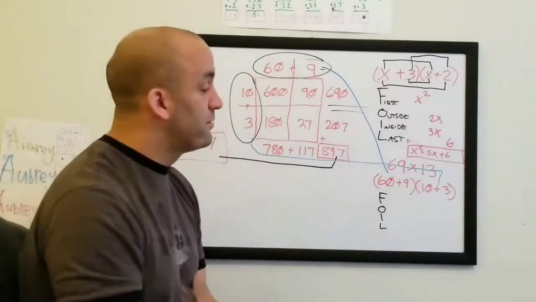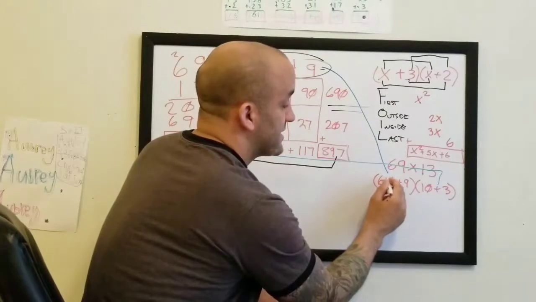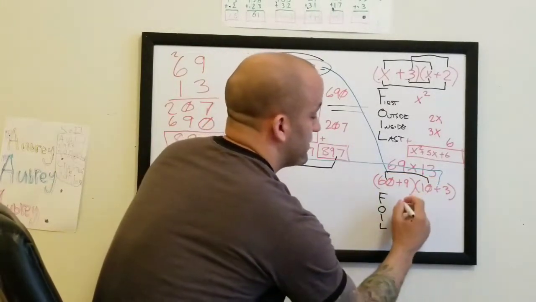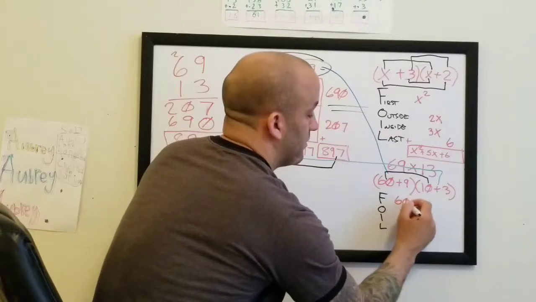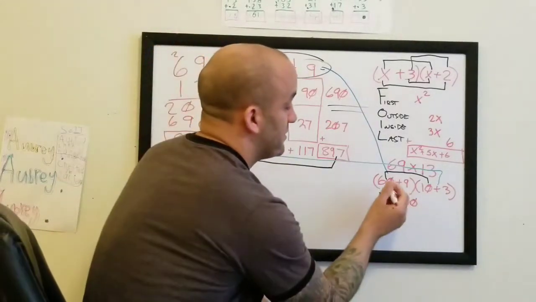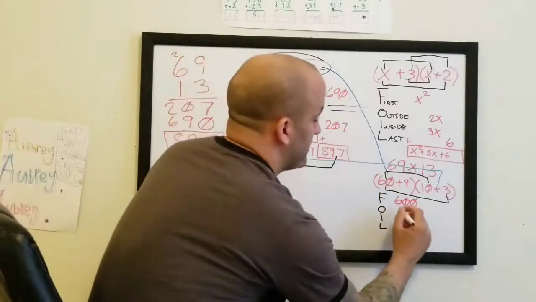Well, what we do is we take our first terms, right? We take 60 times 10, and we have 600. We take our outside terms. 60 times 3 is 180.